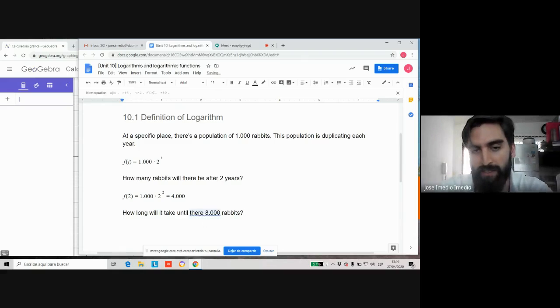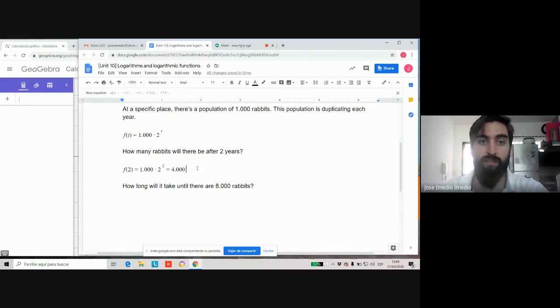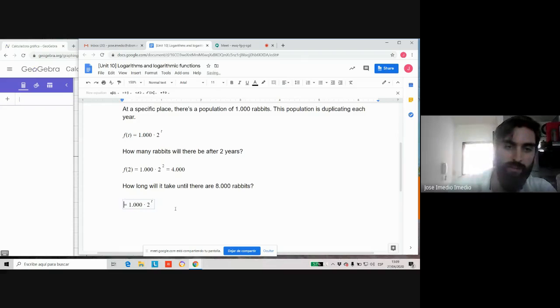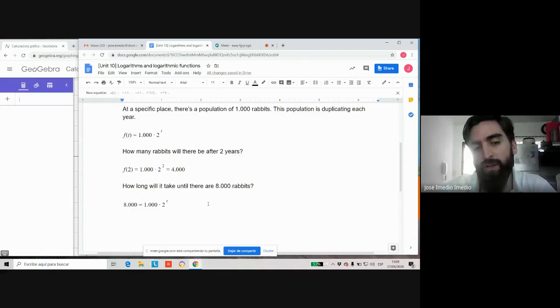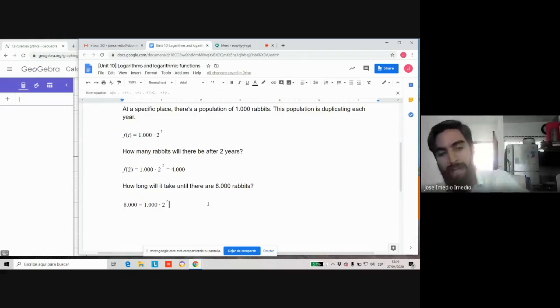How long will it take until there are 8000 rabbits? In this case, my 8000 is here, so I want to find the value of t for which f of t is going to be 8000.